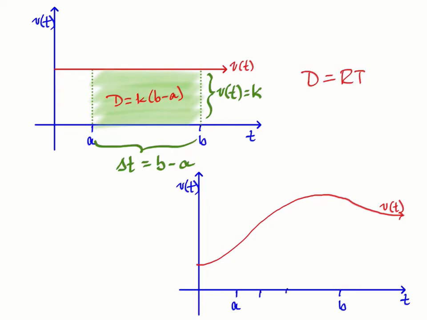Well, what we can do is chop up the time interval. Let's say chop it up into 4 equal time intervals, subintervals. Could be 10 seconds long. Let's just call the time intervals delta t. They're all the same. There's 4 of them.